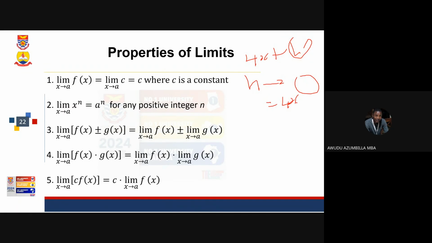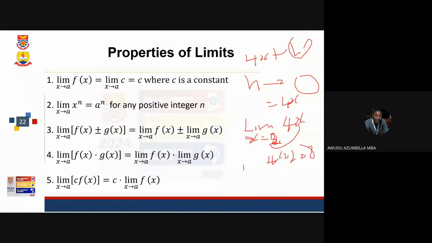But if you have, let's say, the limit as x approaches 2 of the function 4x, what this means is that we are going to be substituting the 2 into the 4x. That will give you 4 times 2, which is 8.